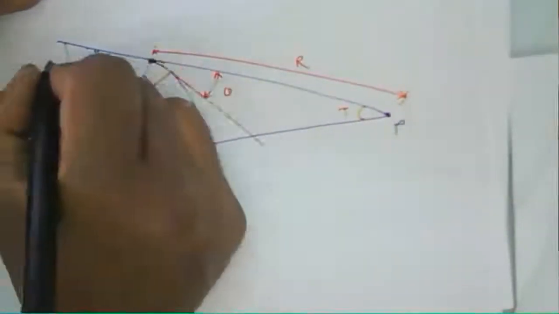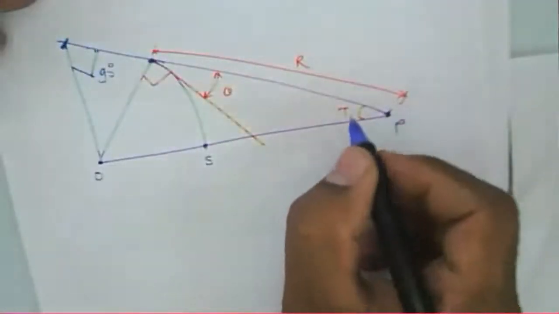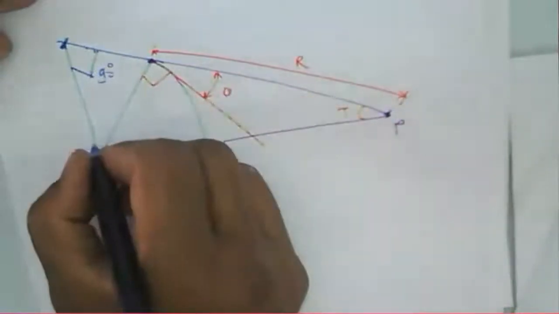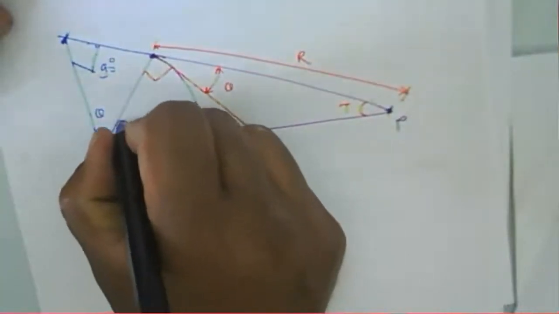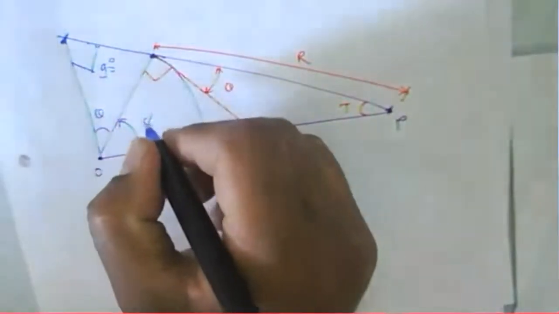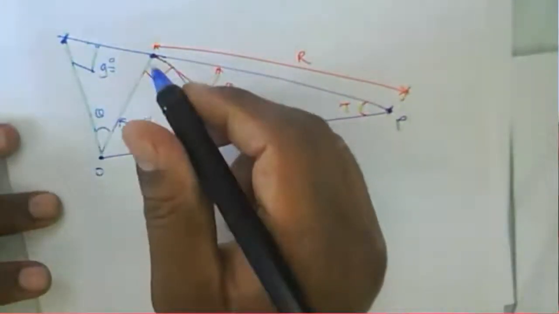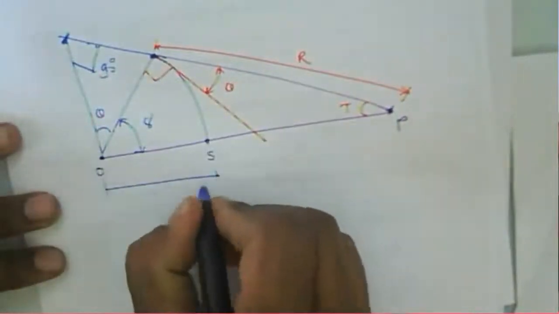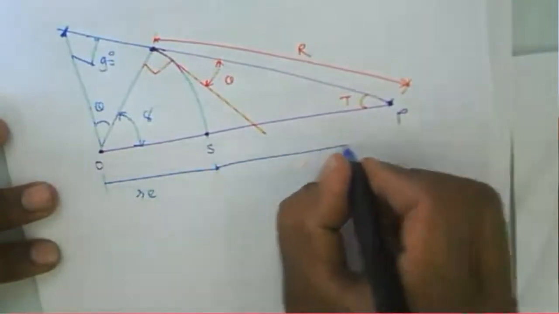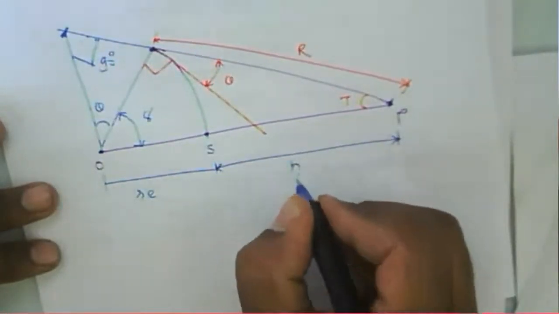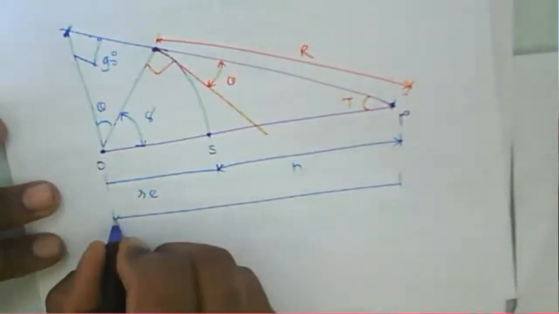So in that case, we need to calculate from this point to this point, and this theta will be here. And this one is the gamma, the angle we considered earlier. From this to the sub-satellite point is the Earth radius, and from the sub-satellite point to the satellite is the altitude. And the total is R.